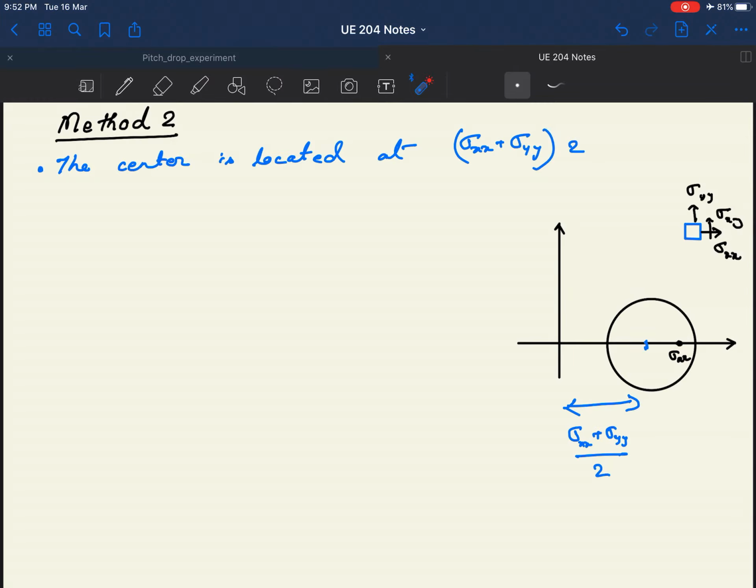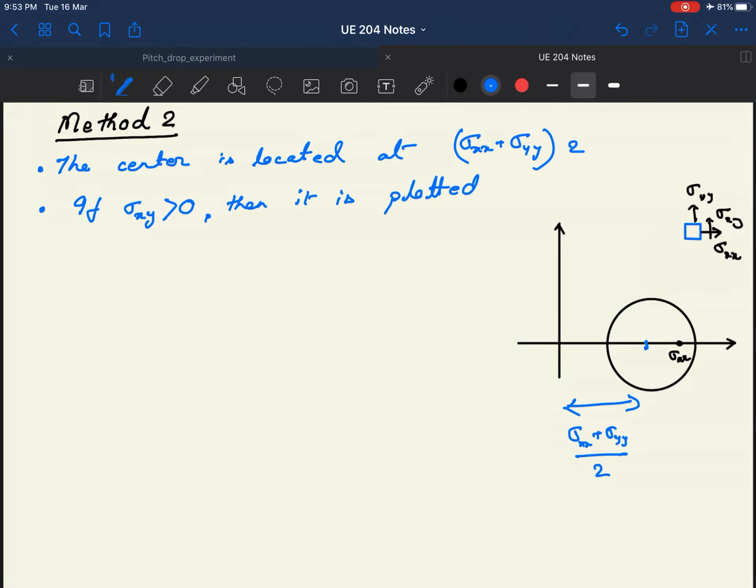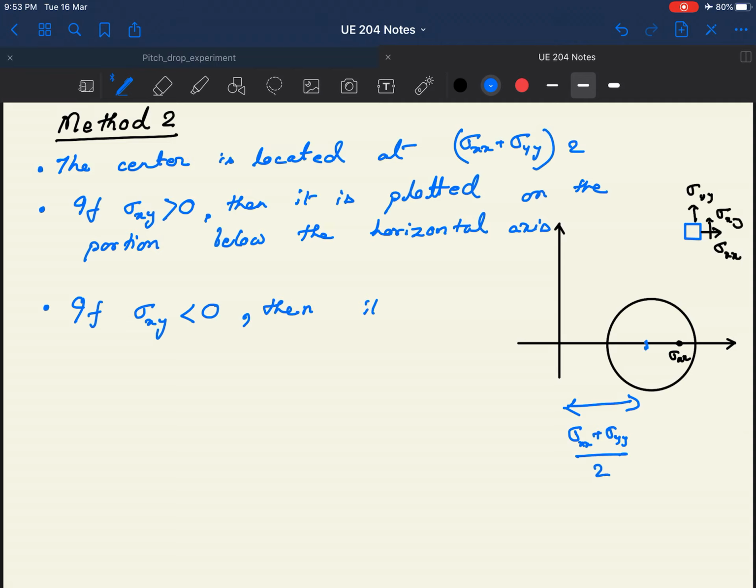Now sigma xy, what you will do is you will follow an opposite convention, wherein for the right hand side of the face, if sigma xy is greater than 0, then it is plotted on the portion below the horizontal axis, and if sigma xy is less than 0, then it is plotted above.